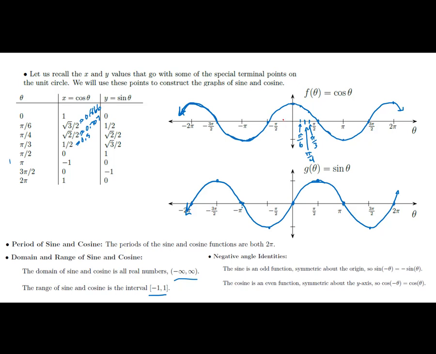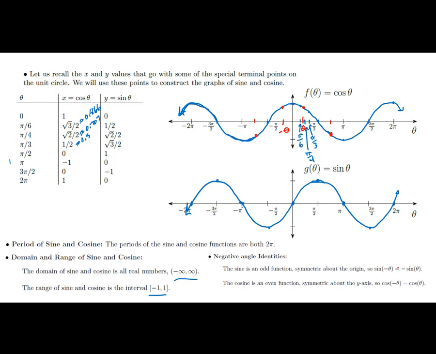If I go to a particular angle, which I'm going to call negative theta, how does that compare to that same angle over here, positive theta? Well, it's pretty clear that it's the same on both sides. It doesn't matter where I go, it'll be the same. So if I go way back here versus about the same distance over here, the y value is the same. So we would say that the cosine function has even symmetry, meaning that if you plug in negative theta, that's the same as if you would have just plugged in positive theta.